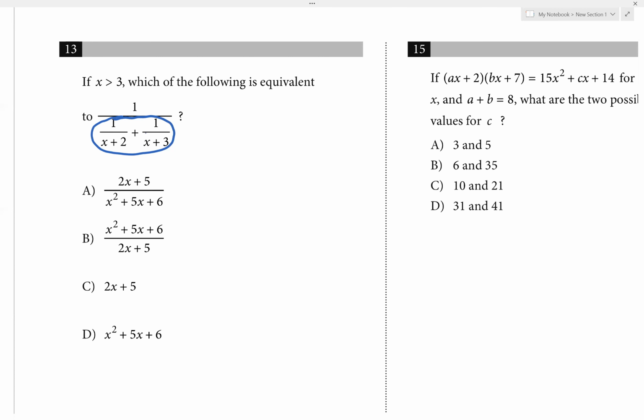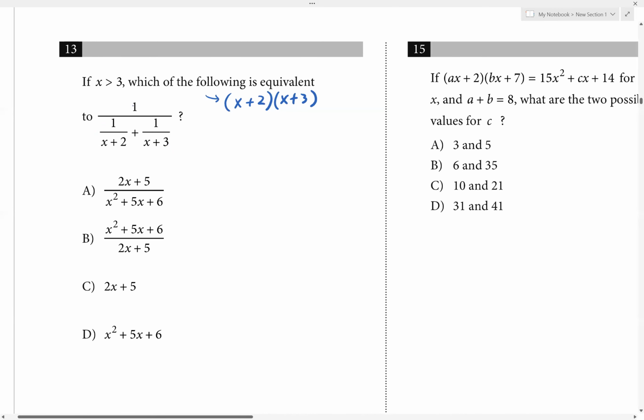We have x plus 2 and x plus 3. We can multiply the two denominators together, so x plus 2 times x plus 3. This should be a good common denominator, so we can change both fractions into a denominator like that.